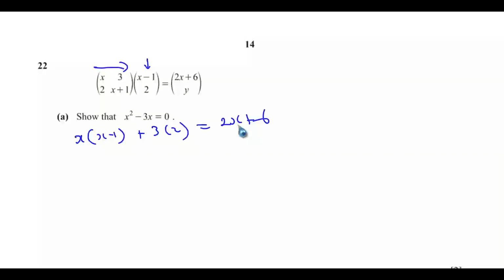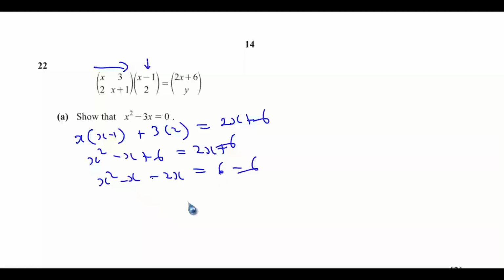If you expand this bracket, you should get x squared minus x plus 6 equals 2x plus 6. Then we need to bring this one here, that is minus 2x, equals 6 minus 6, that will be 0. So we have x squared minus 3x equals 0. So we have shown that.